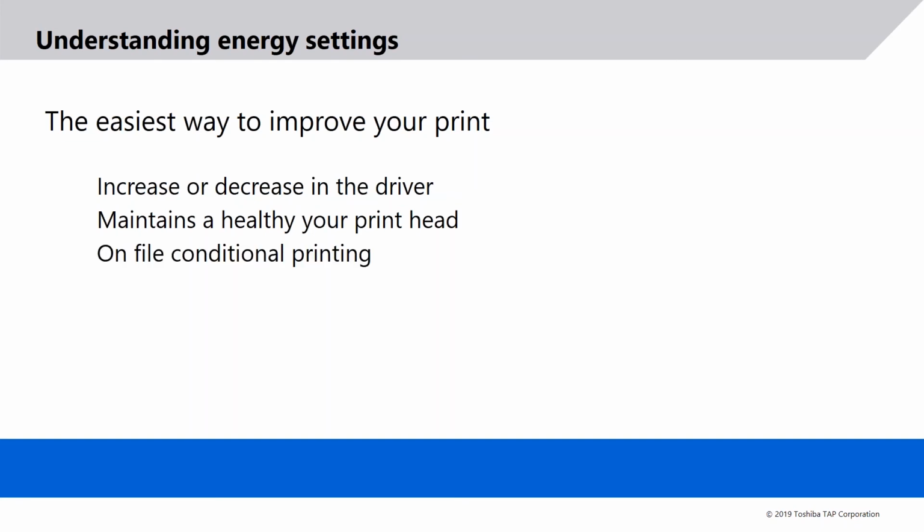Now, the other quick and easy way to improve your print is to use on-file conditional printing with a label program. We're going to be looking at this a little bit later, but in essence, I'm talking about storing settings by file so that you're not having to constantly change the settings that you have in the driver.